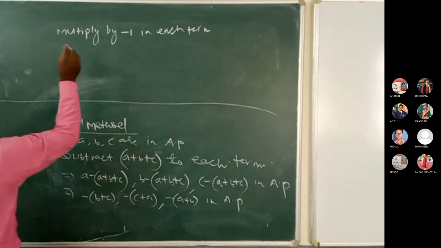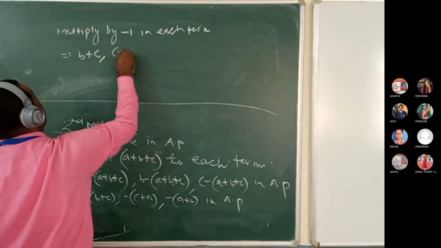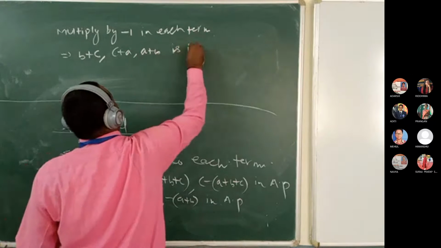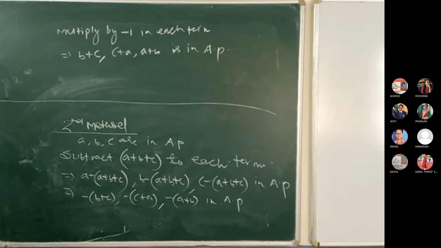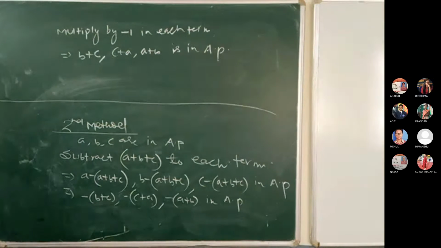Then what are we getting? Exactly what is asked in the question: B plus C, C plus A, A plus B is in AP. Is that okay? Yes, sir. So this is the second method, and that was the first method.